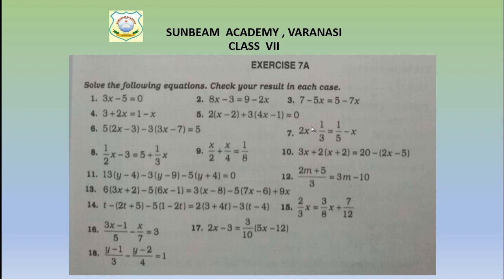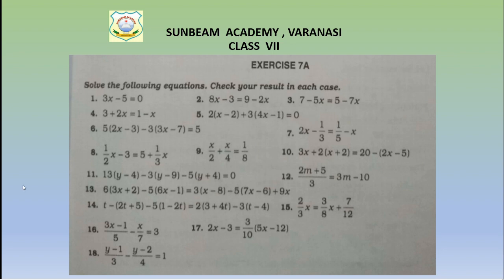Question number 3 is, quickly write down children, 7 minus 5x, after that equal to sign, 5 minus 7x.